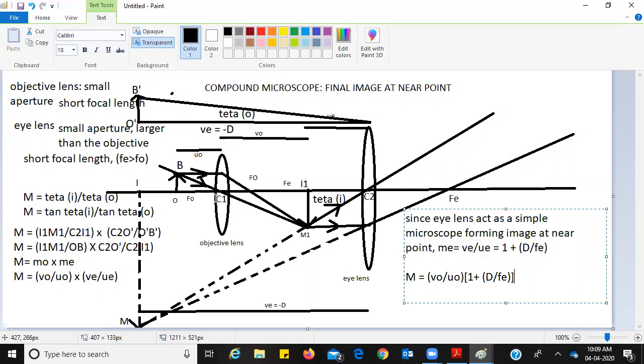VO is positive, UO is negative, right? VO is towards the right and UO is towards the left against the direction, so you can have a minus sign here. That minus is for UO, okay?